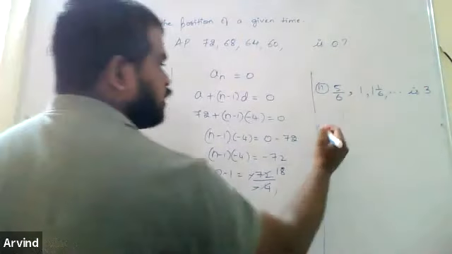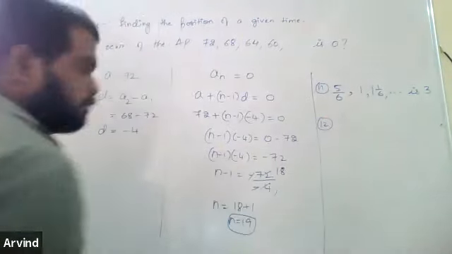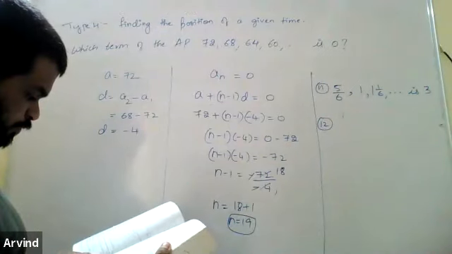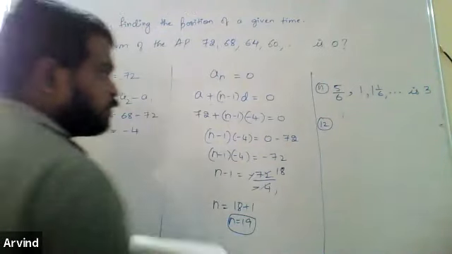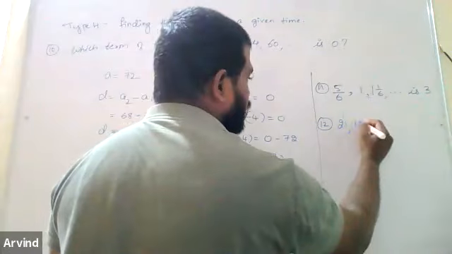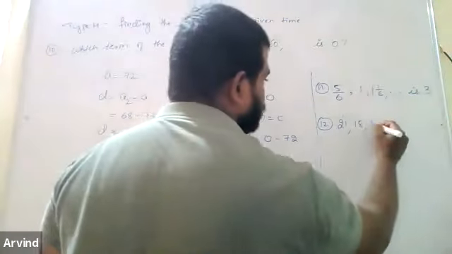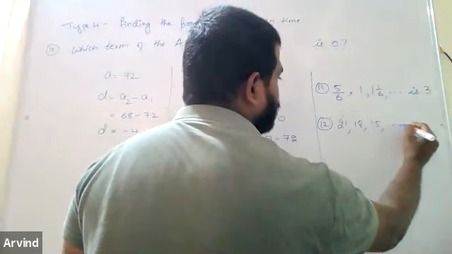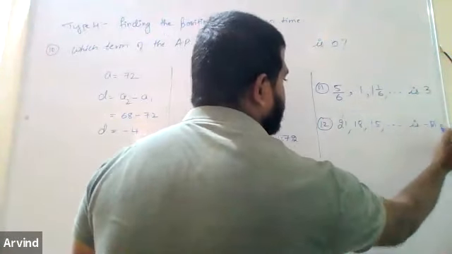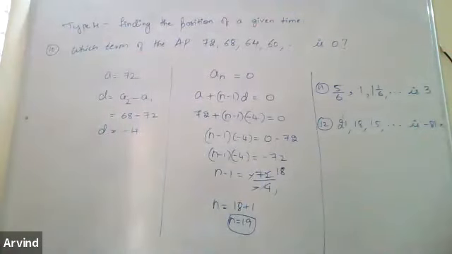Okay, that's your 11th one. One more problem, 12th one. 21, 18, 15, and so on is minus 81. Which term of the AP 21, 18, 15, and so on is minus 81? Yes, please try it out.